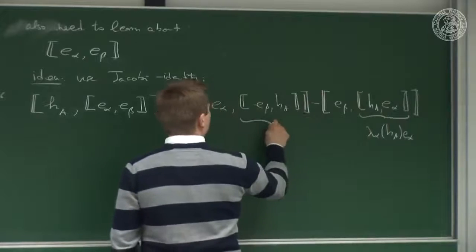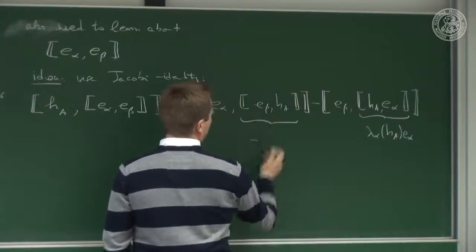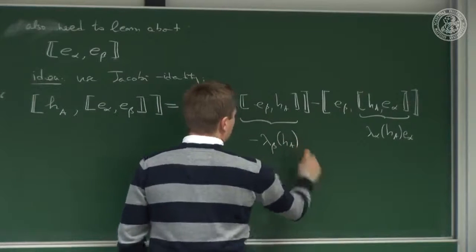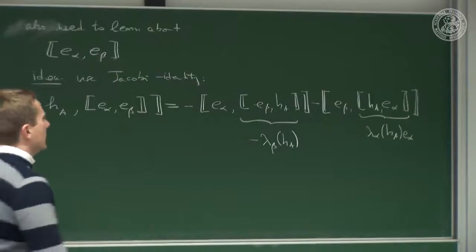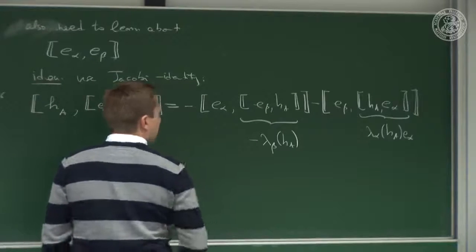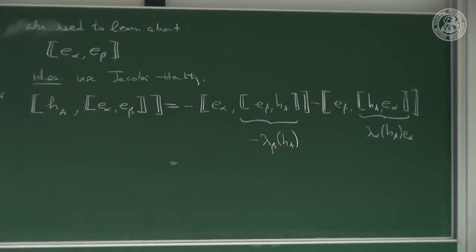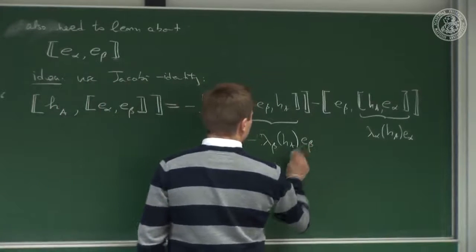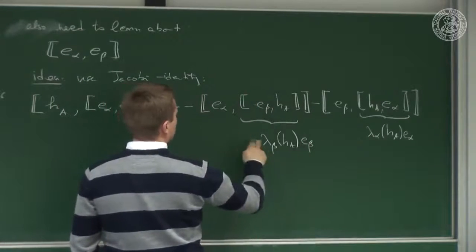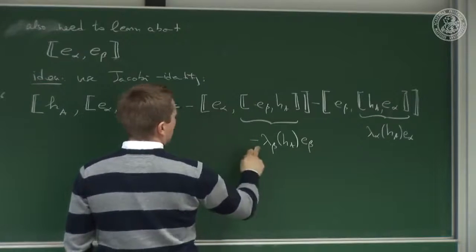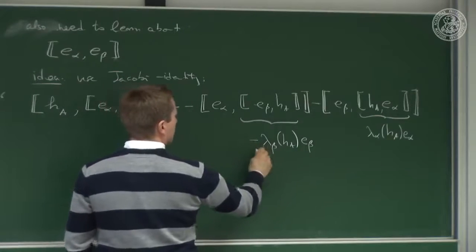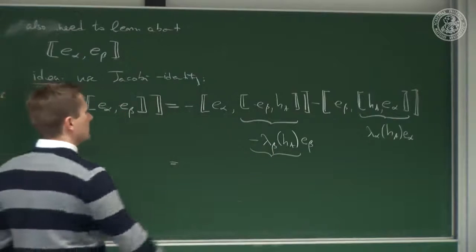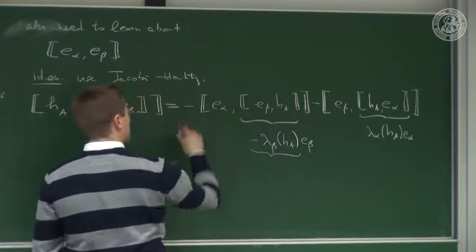This here is minus, because you could flip this, is minus lambda_beta of the same H_A, times E_beta, of course. So there's a minus here, there's a minus there. This is just a number once it's evaluated. The bracket is bilinear, so you can pull it out.